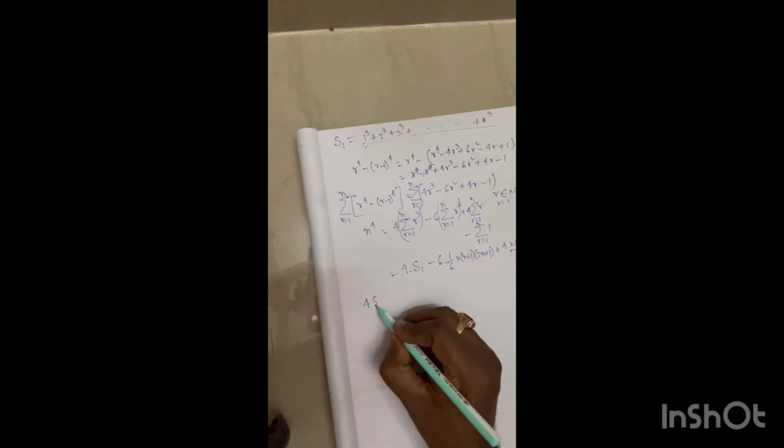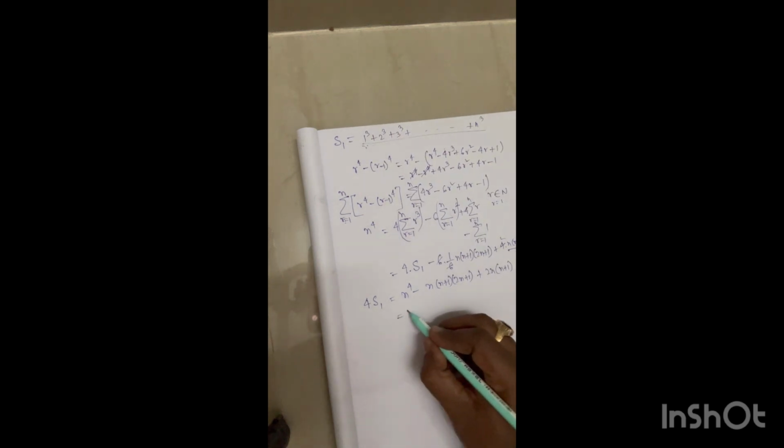So this we have taken already, n into n plus 1, 2n plus 1, which we have just now derived, plus the natural sum of the series, 4 into n plus 1 by 2, and this will give you n. Now you can simplify all this by taking the variable one side and the unknown one side. Six will cancel, 2 will cancel, so this will give you n into n plus 1, 2n plus 1 plus 2 into n plus 1 minus n.